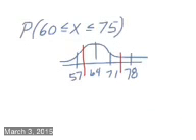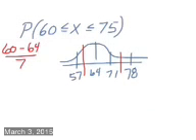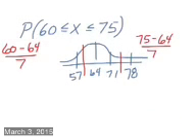So, first thing I do is take 60 minus 64 and divide it by 7. And then on the other side I have 75 minus 64 and I divide it by 7. What's 60 minus 64? Negative 4 divided by 7? Should be negative 0.6, right?